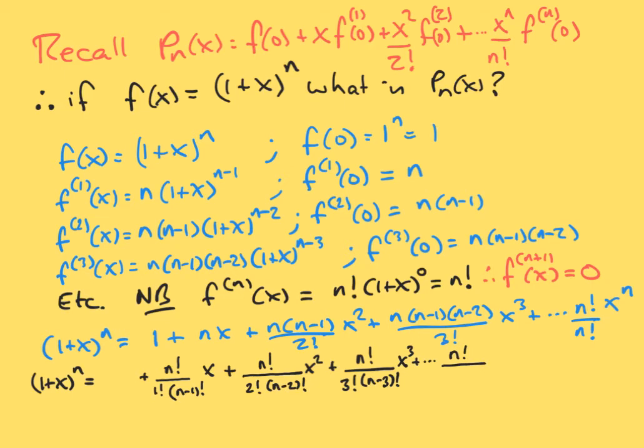And on the bottom, well, you notice that here we're going from 1 factorial, 2 factorial, 3 factorial. So I'm going to write this n factorial here at the very beginning. And this is going to be multiplied by 1, but I can always write 1 as 0 factorial, and this is times x to the n.